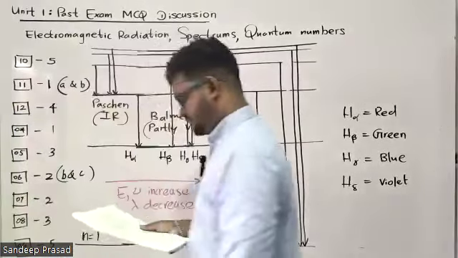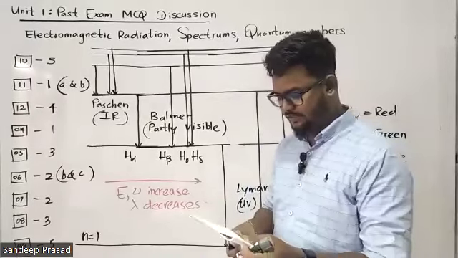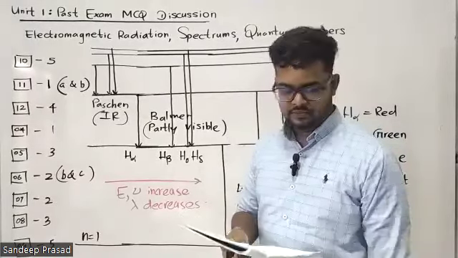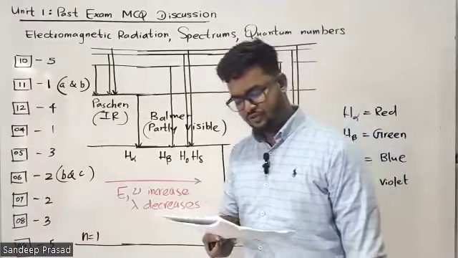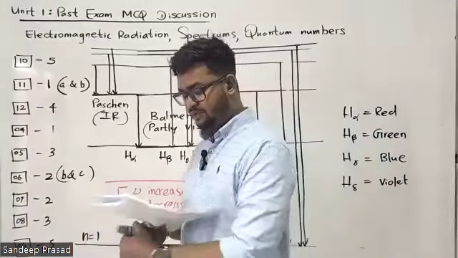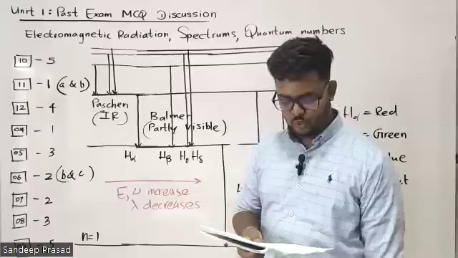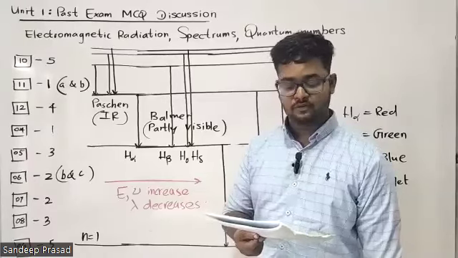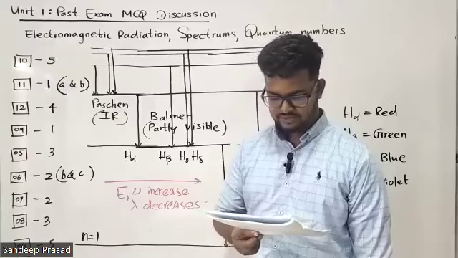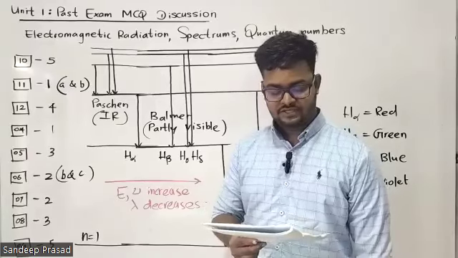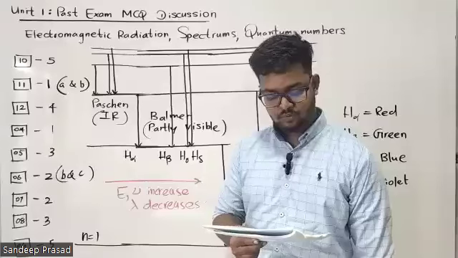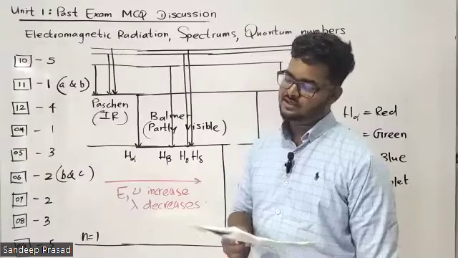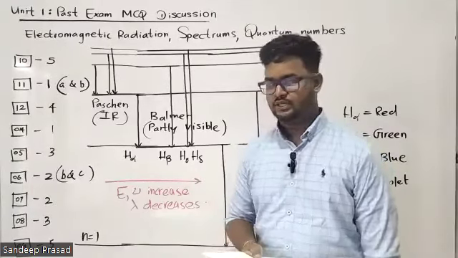Question number 13, which one of the following statements concerning alpha rays is not true? The penetrating power of alpha rays is low, correct. The ionizing power of alpha rays is high, that's also correct. Alpha rays travel with a velocity which is almost equal to light. That is wrong.